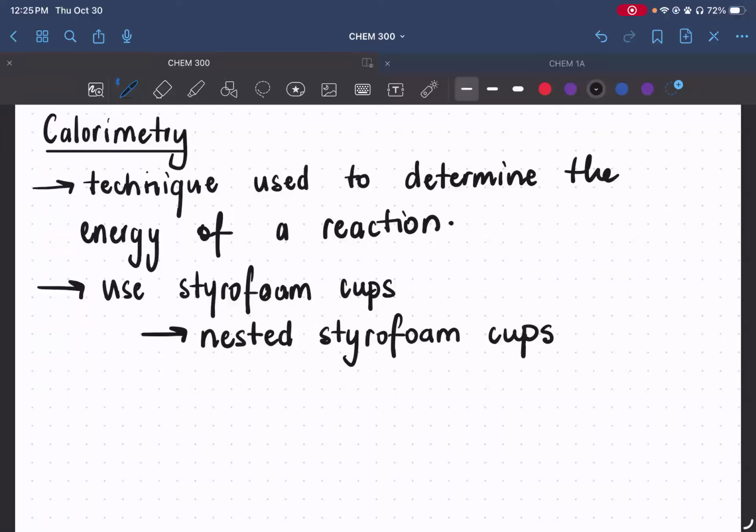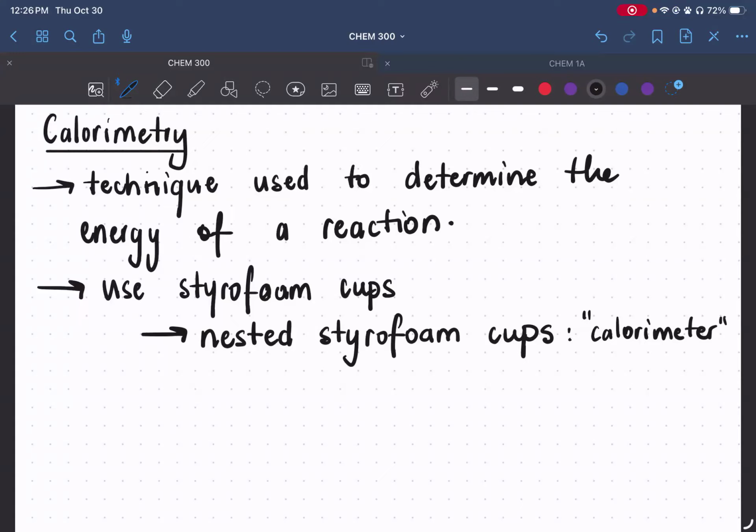You put two styrofoam cups together, you get what's known as a calorimeter. A ridiculously simple setup. All you need to do is go to the store, purchase a pack of styrofoam cups, put them in one another like nested Russian egg dolls, and there's your very valid experimental calorimeter. Why? Because it's incredibly well insulated.